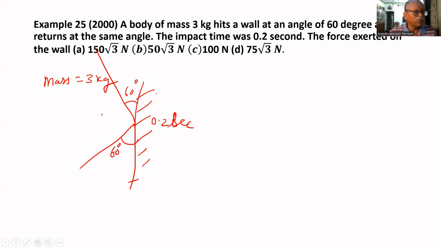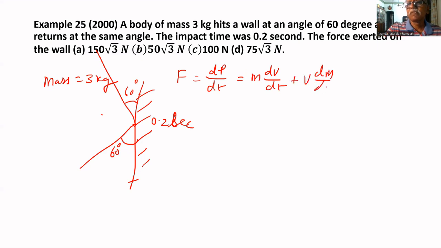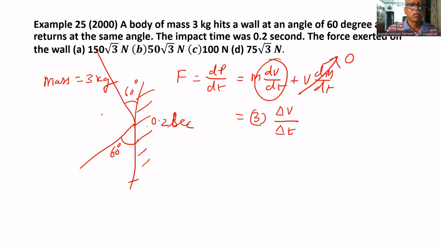We know that F equal to dP by dt. That is equal to m into dv by dt plus v into dm by dt. Here there is no change in mass, that's why this is equal to 0. Therefore, mass equal to 3, dv by dt can be approximately written as delta v divided by delta t. dv by dt means change in velocity with respect to time.